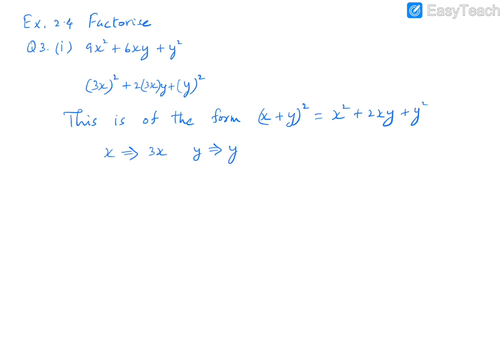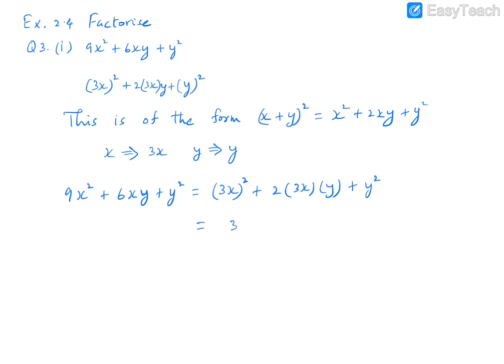So therefore we will write 9x squared plus 6xy plus y squared, which is rewritten in the form 3x the whole square plus 2 into 3x into y plus y squared. In place of x we have 3x, and in place of y we have y itself.